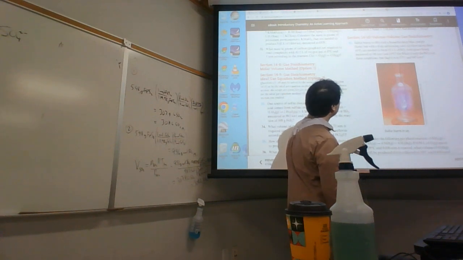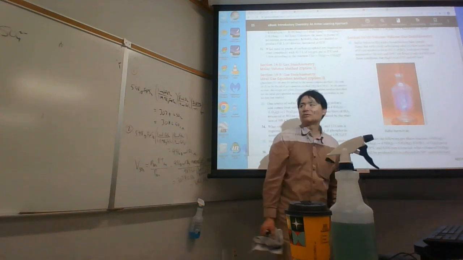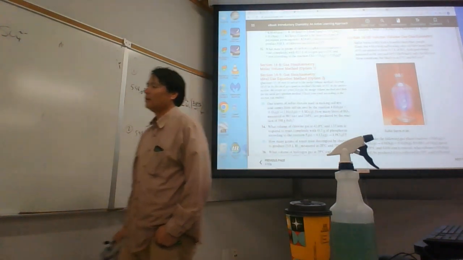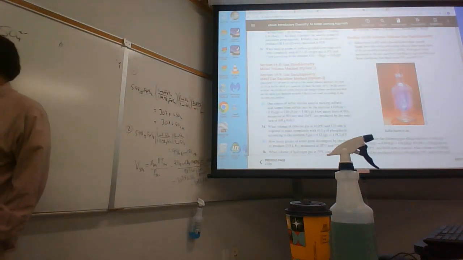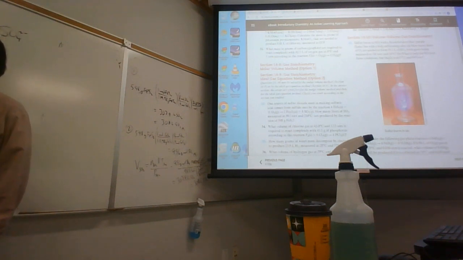What if only SO2 is at those conditions, but O2 is at 17 degrees C, 847 torr? Now this is a problem. This volume ratio works at constant temperature and pressure, but if one of the gases has one set of temperature and pressure, and the other gas has a different set of temperature and pressure, then this doesn't work.